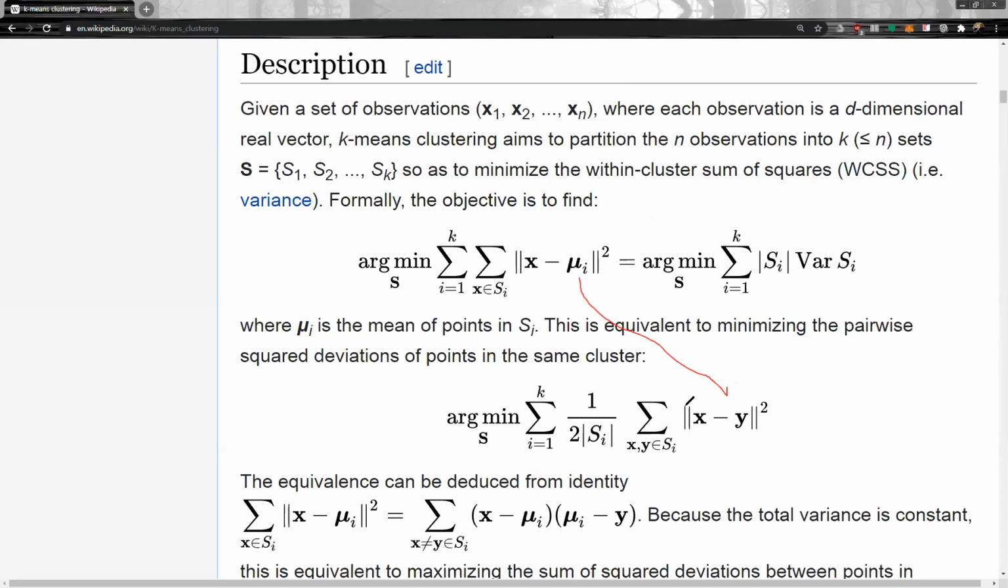Because it's a mean, we can redefine this as minimizing the pairwise squared deviation between points in the same cluster. Because it's pairwise, we divide by 2, and because we average out, we divide by the number of points. They are equivalent because of this relationship over here.